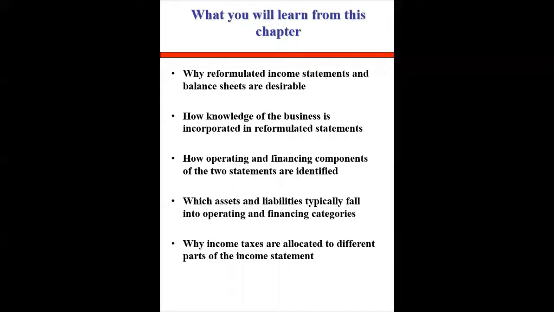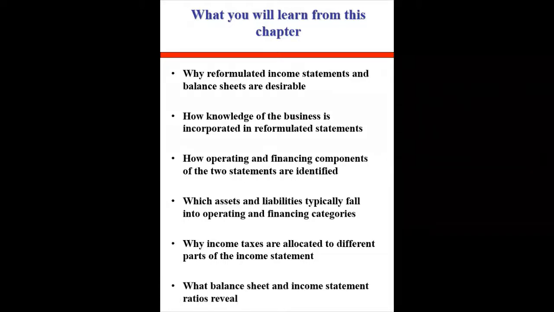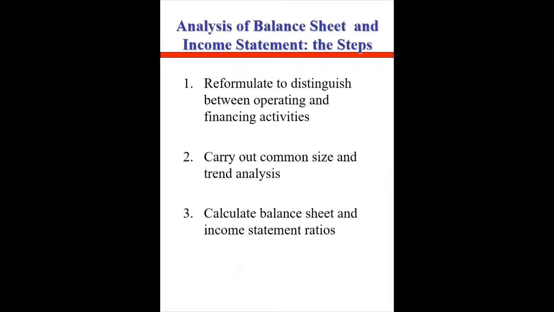And we'll try to explore how we'll allocate the assets and liabilities into operating and financing categories. And we will spend time knowing how income taxes can be allocated to different parts of the income statement, and what balance sheet and income statement ratios reveal. Okay.